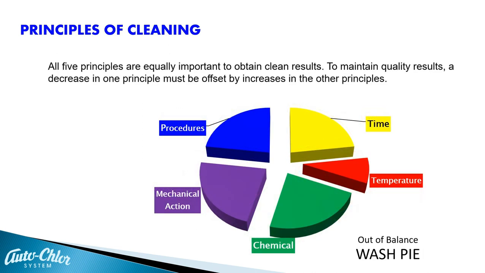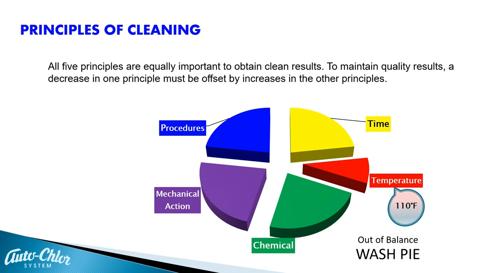When we look at all 5 of these principles, again, each one has to have an equal part. When one or more of these parts gets affected, and in this case we're showing you an effect on temperature, 110 degrees. This is pretty common in our nursing homes and hotels and motels.